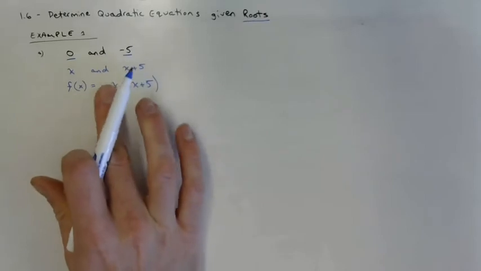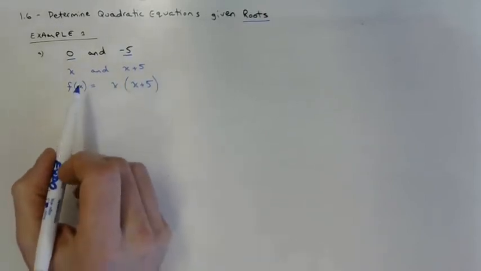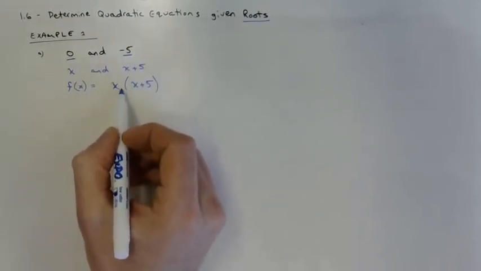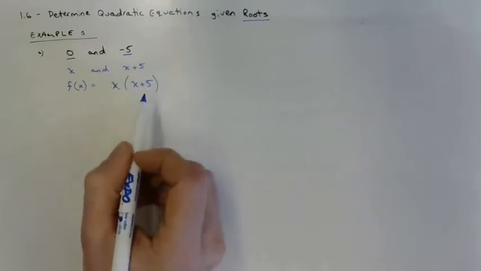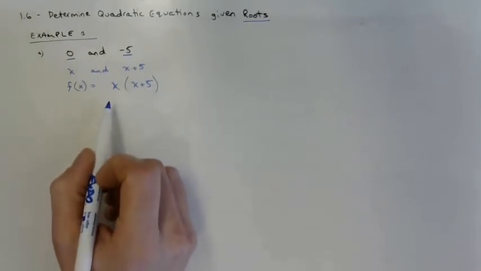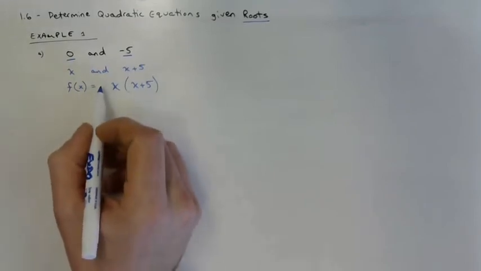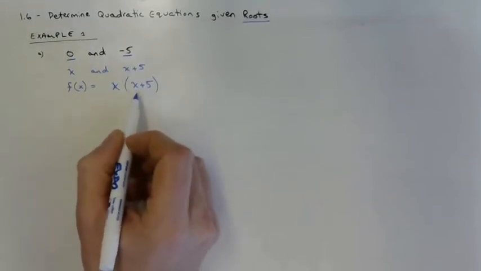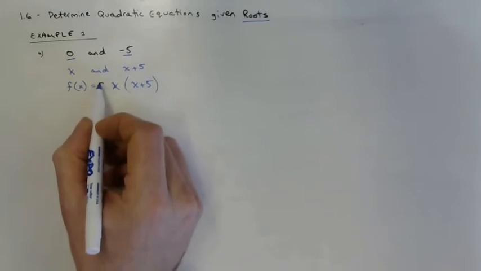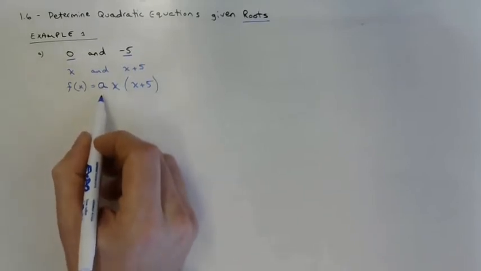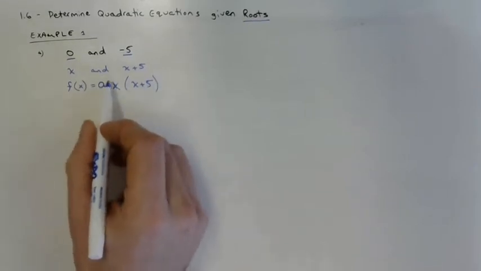That's why we call them zeros. Okay? So this is one member of the family. This does not represent the general equation for the family. Why? Because this just indicates the 2 x-intercepts, but I could have any stretch compression factor. So you need to put that a in front of the 2 factors that you have.